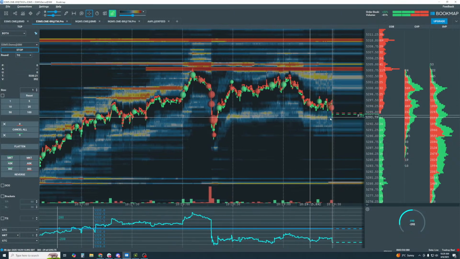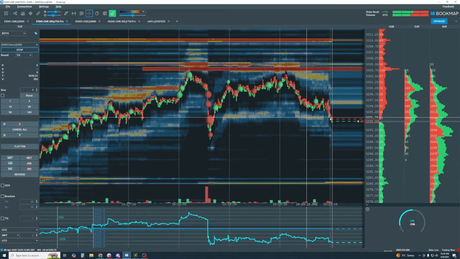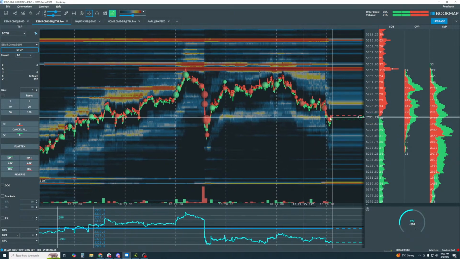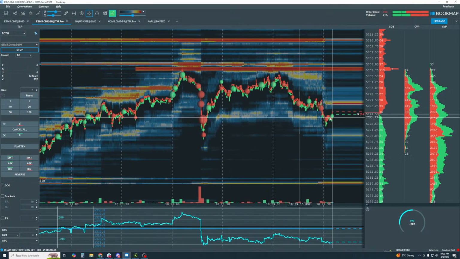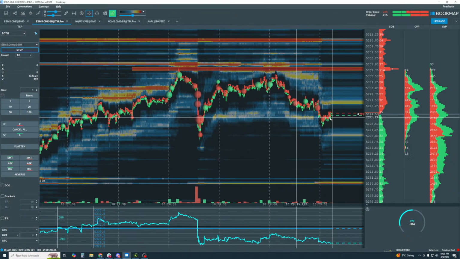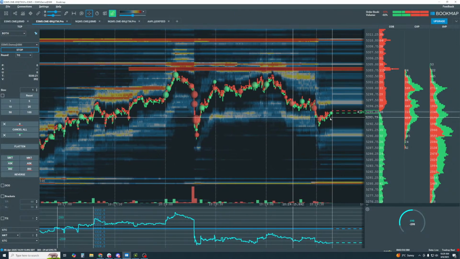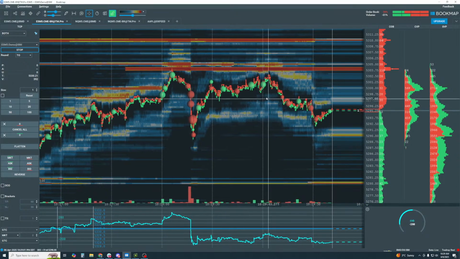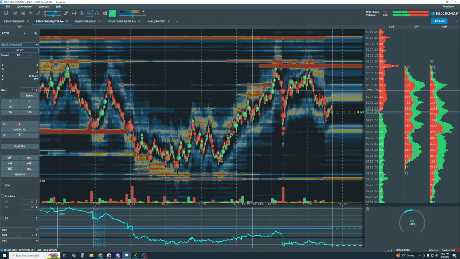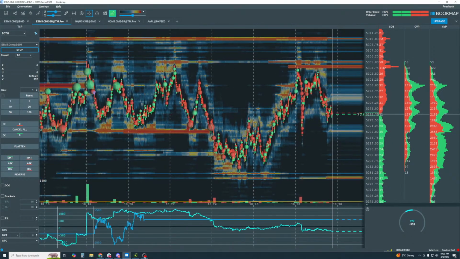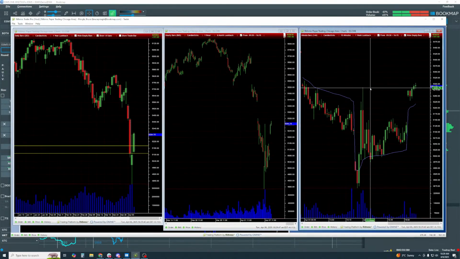Let's see. Small. Yeah, I don't know if this is going to fail or not yet. I really don't have a clear read yet. I do agree though, in this higher time frame, flirting with the highs from yesterday.